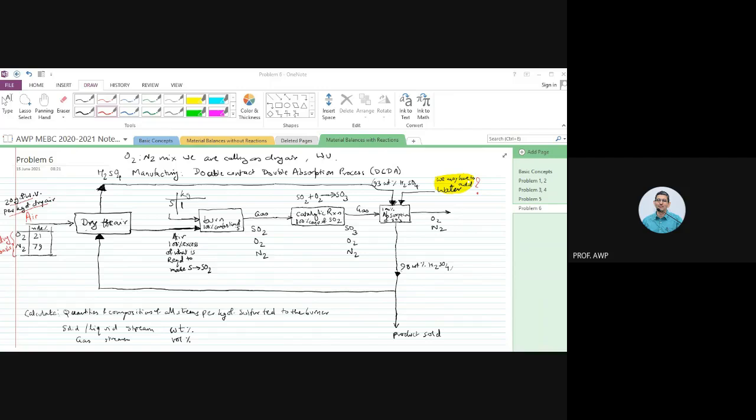Whether you call it an SO3 water mixture or H2SO4, the choice is yours. So the 93% is going as it is, but extra H2SO4 is added due to a reaction between SO3 and water. Correct, otherwise how will it become 98% by weight?